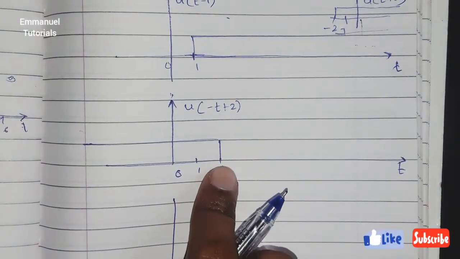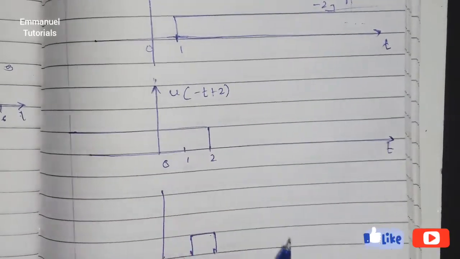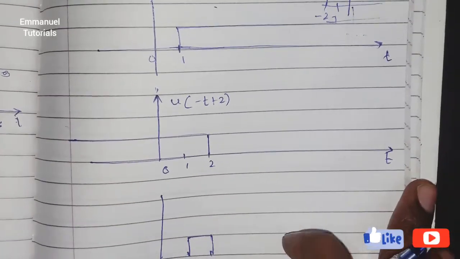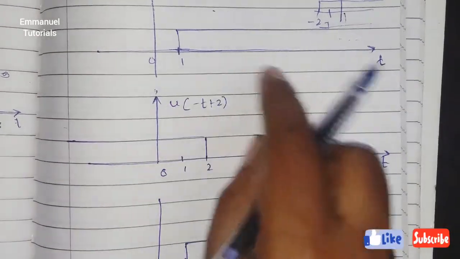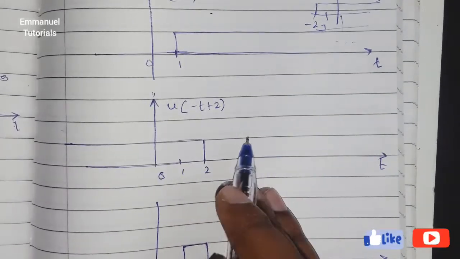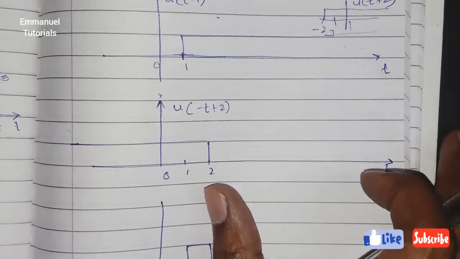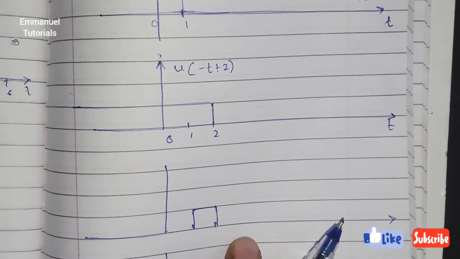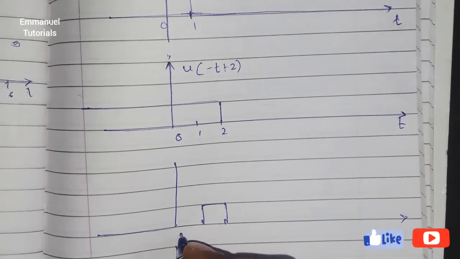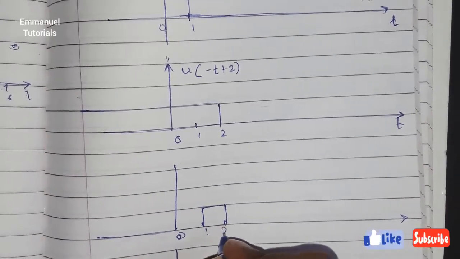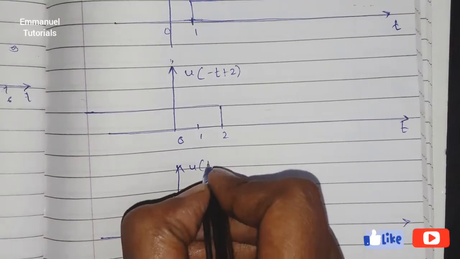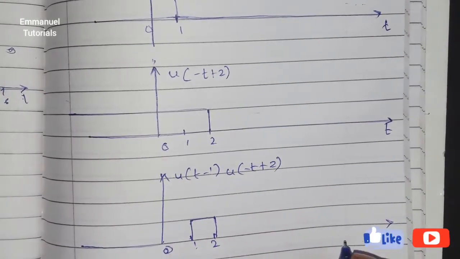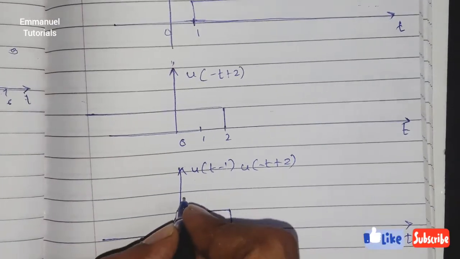For the second signal also the amplitude is 1. So 1 into 1 is going to give us 1. So it's going to be a continuous step signal from 1 to 2. And from 2 to infinity, you can see the second signal's amplitude is 0 continuously. So multiplying it by anything is going to give us 0. So in our resultant signal, we have shown that it is 0. So this is the resultant signal for the multiplication of u of t minus 1 with u of minus t plus 2. So we are done with the first part of the signal.